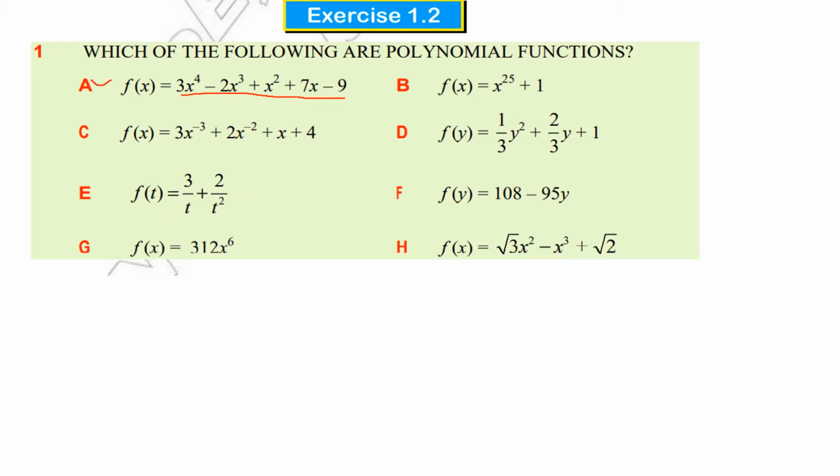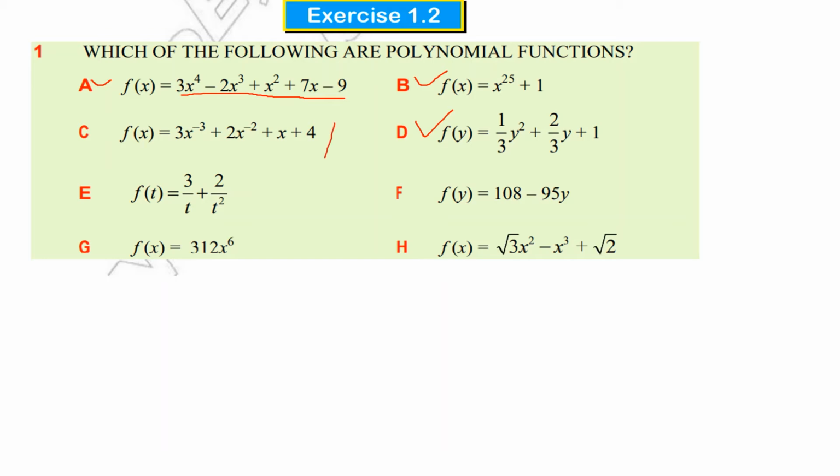And what about this one? It also has the form of a polynomial function. This one is also, sorry, very sorry, this one is also a polynomial function, but this one is not.